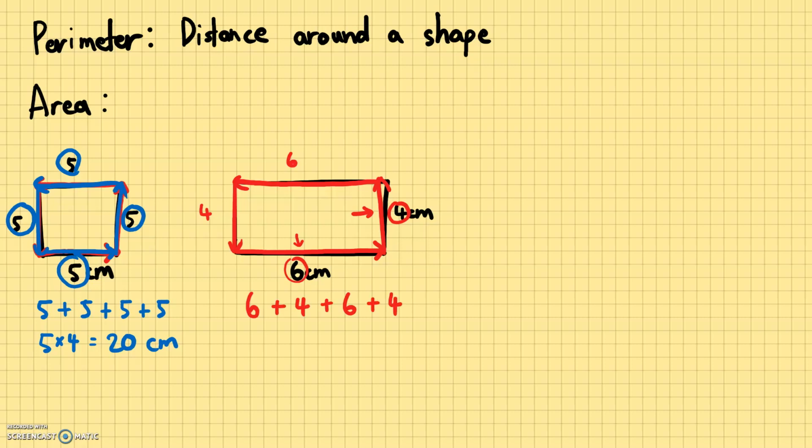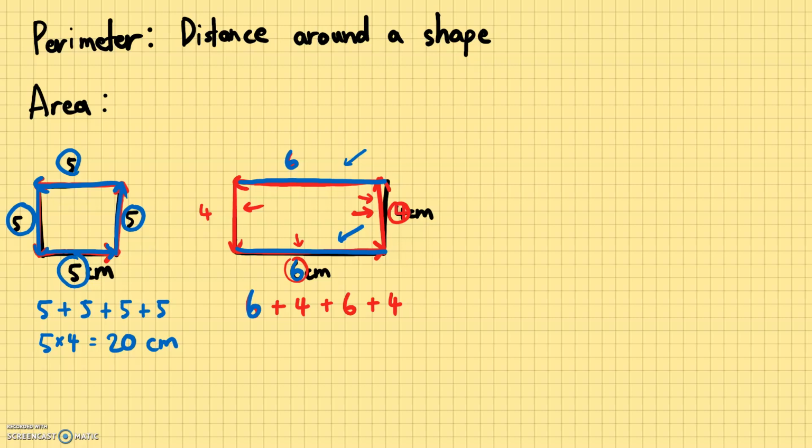Let me use different colors for the different sides here. The blue sides of the rectangle are the same, and the red sides are the same. Let me write the blue measurement in blue. So the 6 is blue, 4 is red.